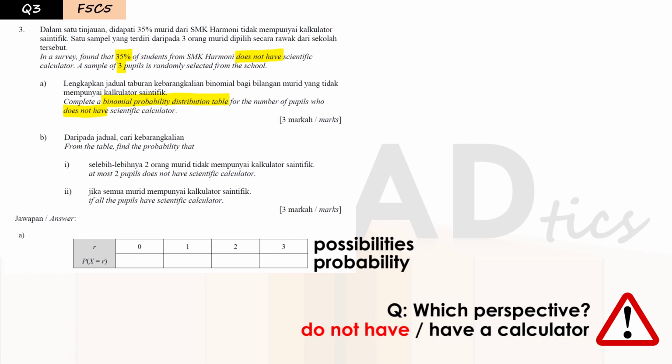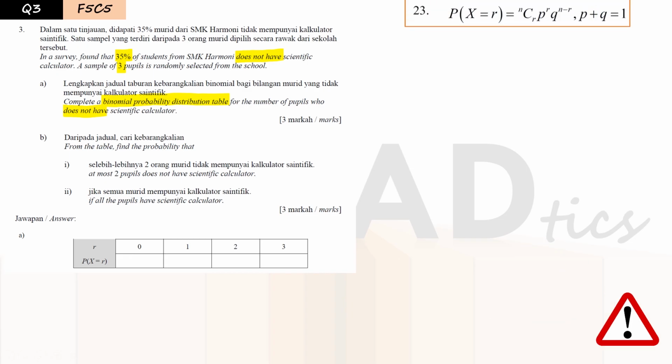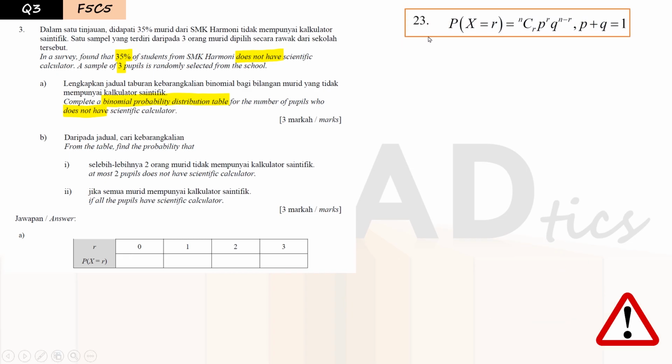Once we have chosen our perspective, which is do not have, we can find the probability for each of the possibilities here. To calculate the probability, we can use the formula given in the formula sheet, which is formula 23. Let's start off with the probability where x is equal to 0.